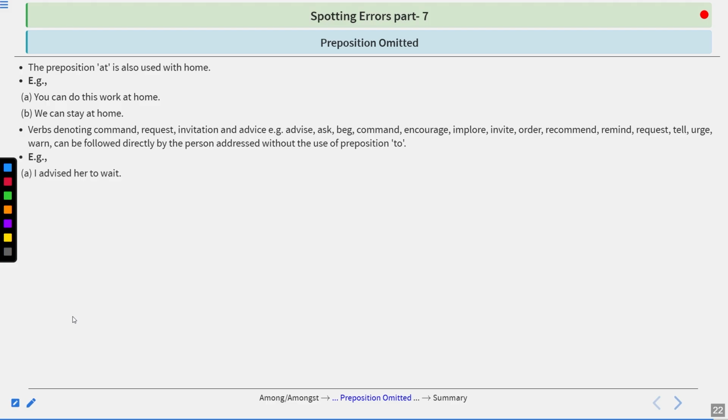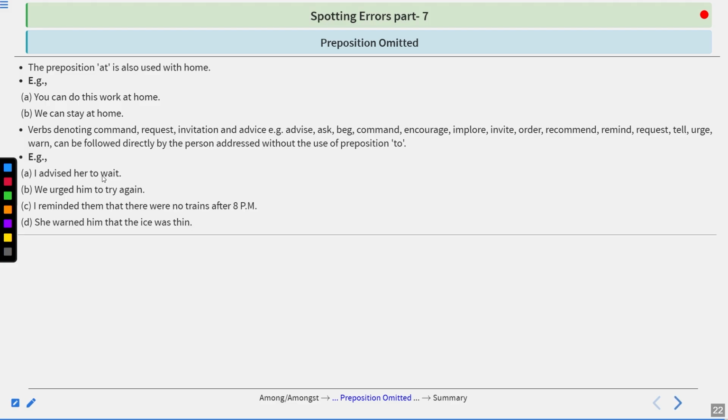So here we haven't used the preposition to between advise and her. We urge him to try again. I reminded them that there were no trains after 8 p.m. So you may feel confused that we have used to here, but this to is not a preposition. This is used to make an infinitive, to wait. She warned him that the ice was thin.